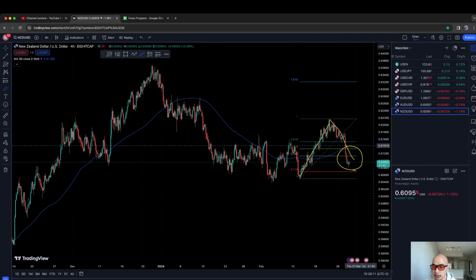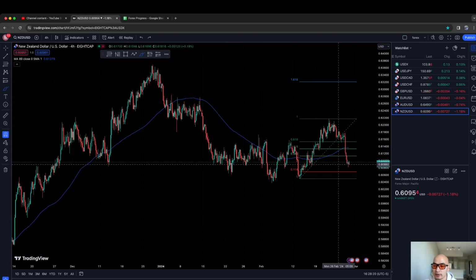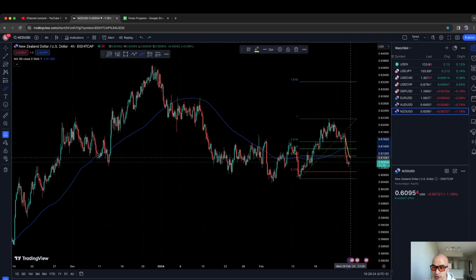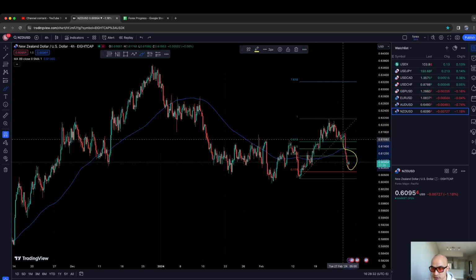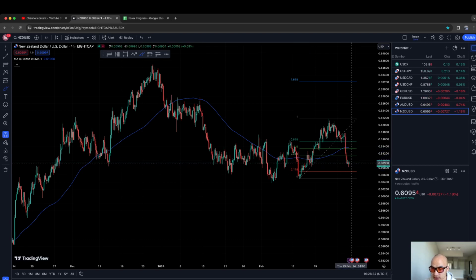So a little bit of caution on the New Zealand dollar USD. I wouldn't say caution, but one thing to keep in mind is that my favorite setup is the market usually retraces into 0.38, then returns, right? We currently have about 6 candles behaving below the moving average, and if it continues to behave like this, then I will take it as a trend reversal.